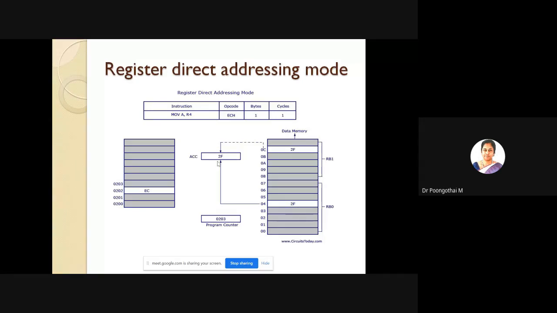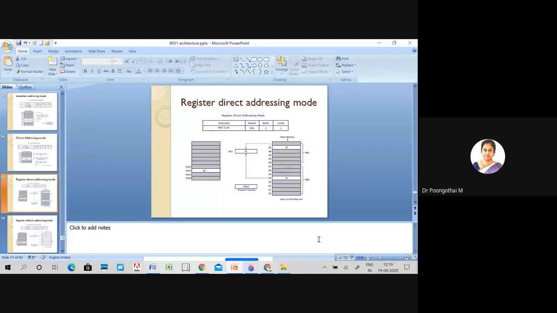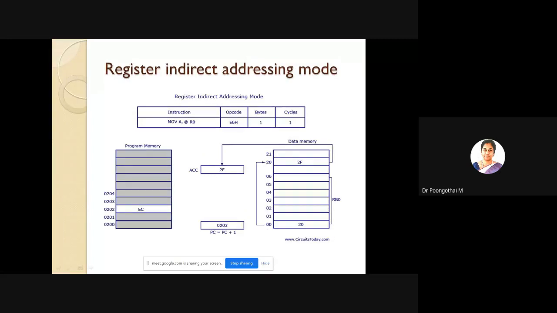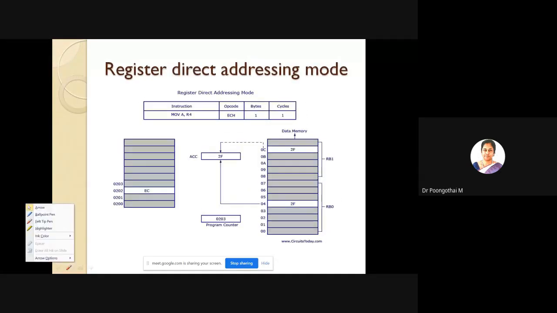Suppose, for example, your bank 1 is selected. Based on your PSW, register banks are selected. In case bank 1 is selected, this is the R4 register, R4 register of your bank 1.